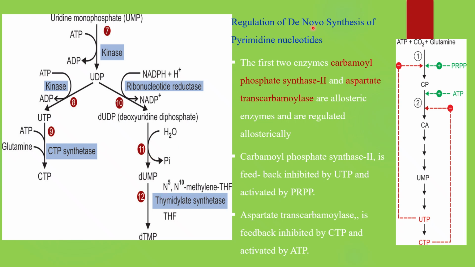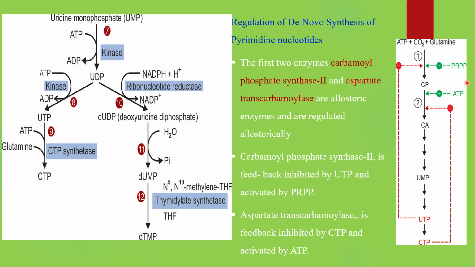Then about the regulation. The first enzyme was carbamoyl phosphate synthetase type 2, and the second was aspartate transcarbamylase. Both are allosterically inhibited by UTP and CTP respectively, and they can be induced by PRPP. Excess PRPP always facilitates the formation of pyrimidine nucleotides, and excess ATP also induces the synthesis of pyrimidine nucleotides.